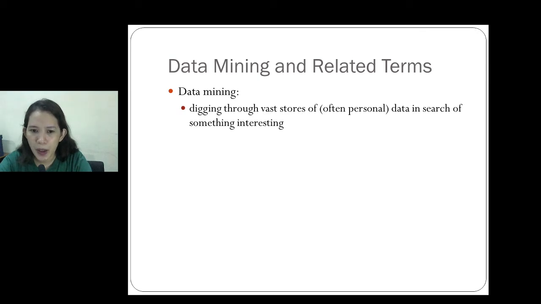To the general public, it may have a general, somewhat hazy meaning of digging through vast stores of data in search of something interesting. One major consulting firm, for example, has a data mining department, but its responsibilities are in the area of studying and graphing past data in search of general trends.